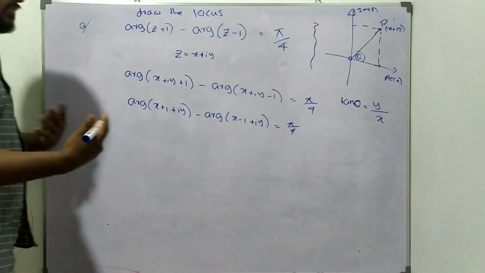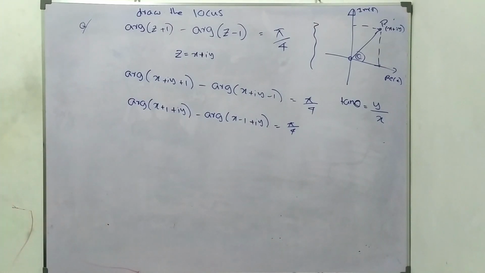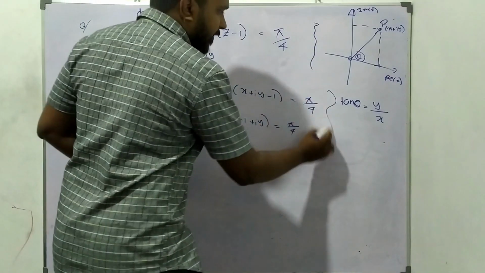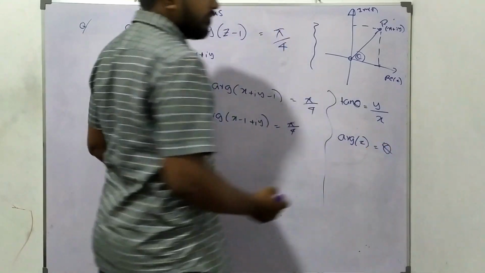So always, argument means this angle value. Here argument of z means the theta value.